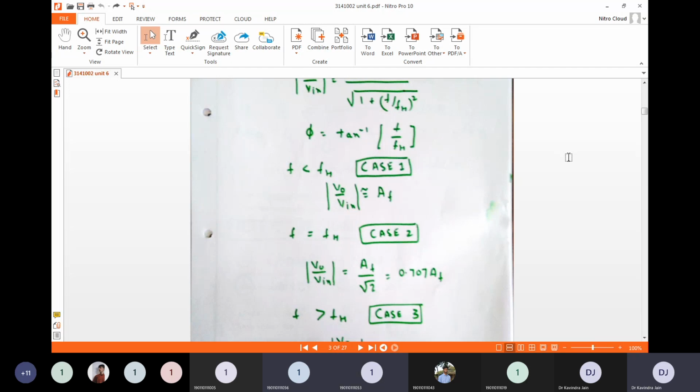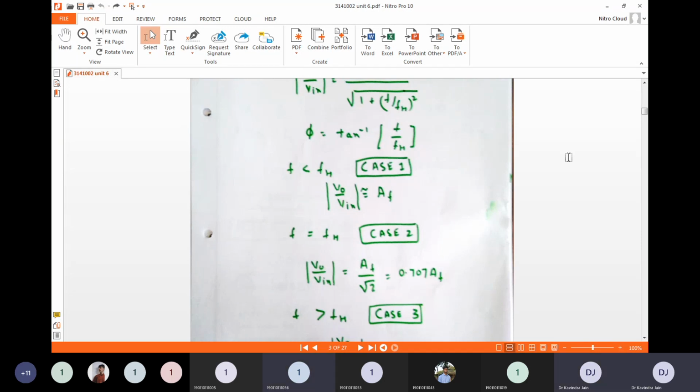Then the output is approximately AF. When the frequency is equal to fH, the output is 0.707 AF, and when the frequency is higher than fH, the output is decreasing.